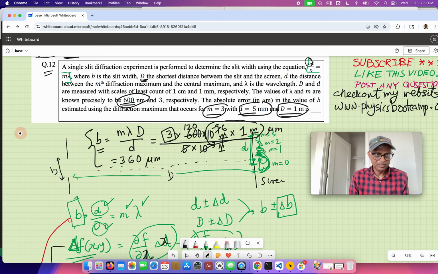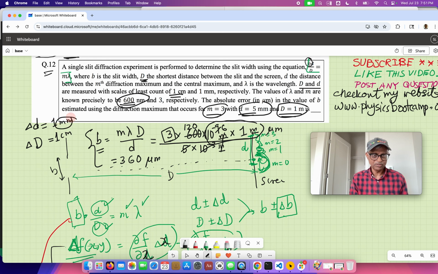So from this we need delta D and delta d also. So it says that D and little d are measured with a scale of least count 1 centimeter. So least count is considered to be a good indicator of the error. Okay, so this is 1 centimeter, and this is 1 millimeter.